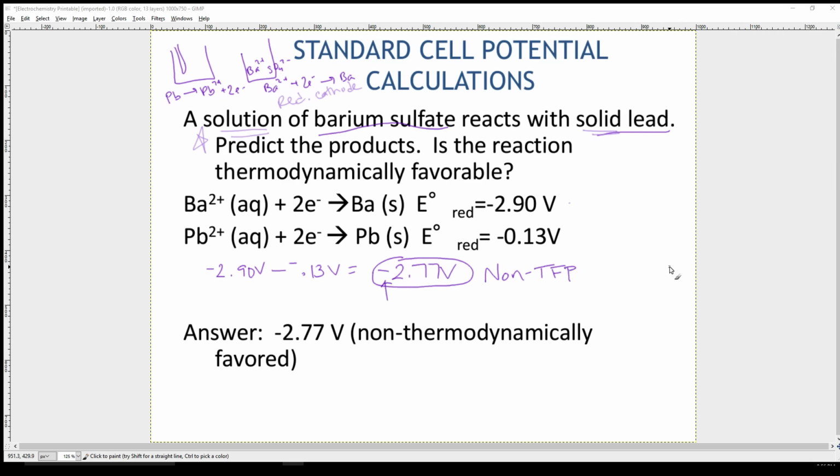And does that make sense? Well, yeah, it does make sense because in this situation, when you have lead and barium sitting together like that, lead is the one that wants to get reduced while barium really wants to be oxidized. You can say wants in quotation marks. Wants to be oxidized, while this one wants to be reduced. So the way that this person set up this lab was going against the nature of these elements.